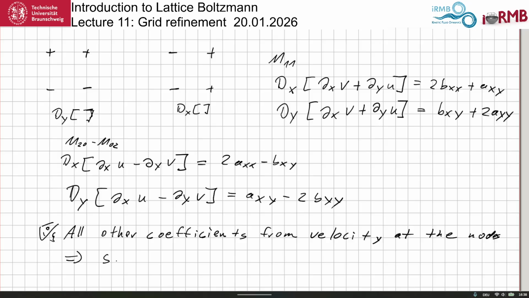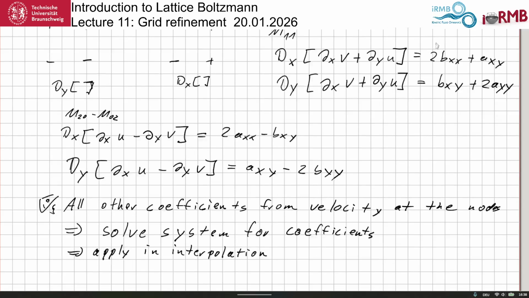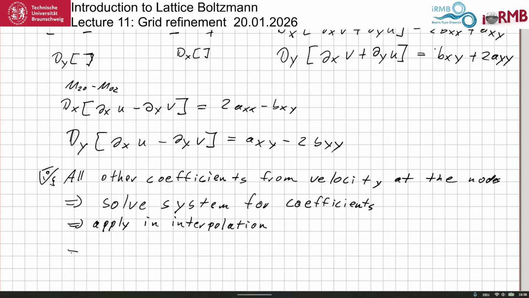Now what you do is you solve the system for the coefficients. Then apply these coefficients in the interpolation to recover the velocity field.